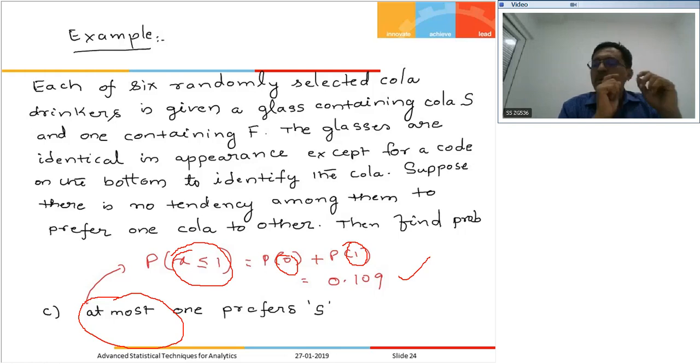In binomial, we always look for trials which are independent. When it becomes independent, it is always with replacement, right? With replacement, only then will you have equal probability of getting either yes or yes. It's a very good question actually. So at any point of time, we will have 6 glasses only. We will pick it, check whether it is yes or yes, and again put it back.